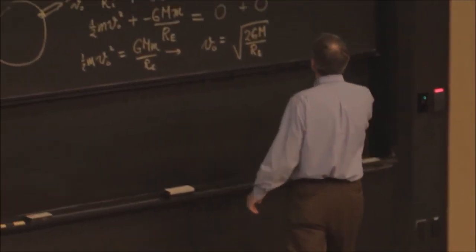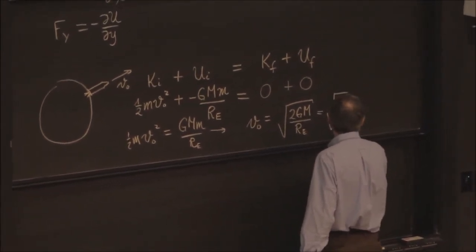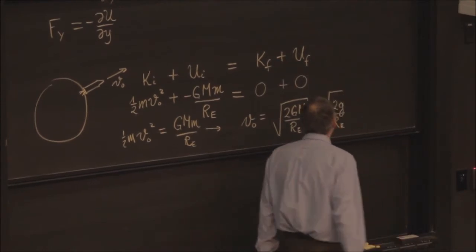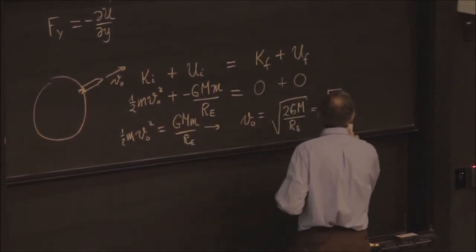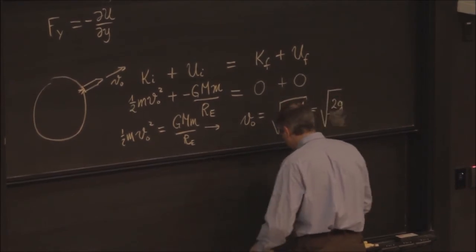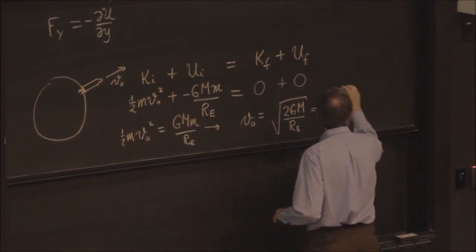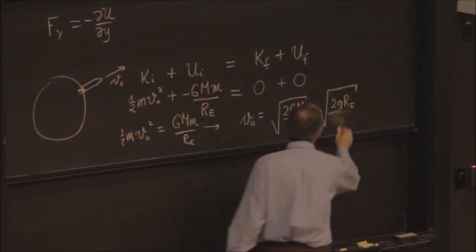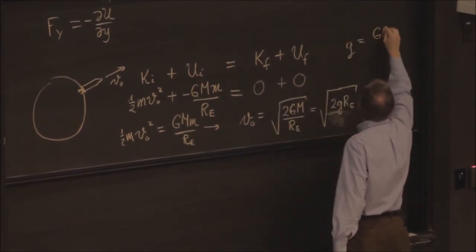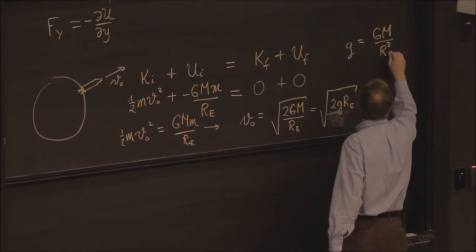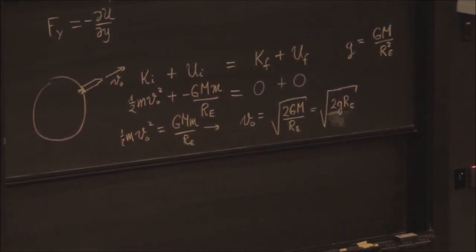So this is the same thing as the square root of 2g R sub E. Do we agree with that? Because little g is equal to big G, big M over the radius of the Earth squared. So if I multiply that by the radius of the Earth, I'm good.